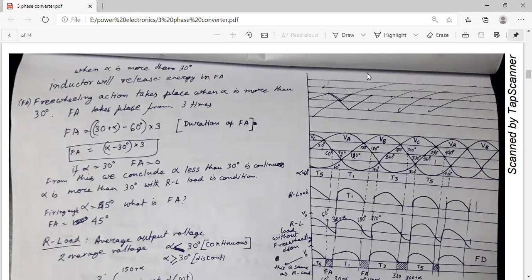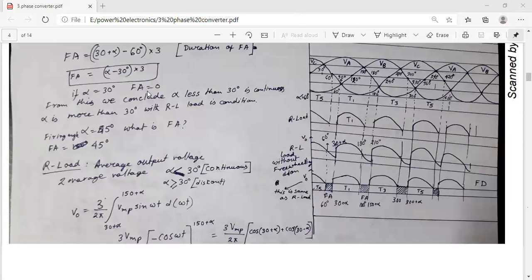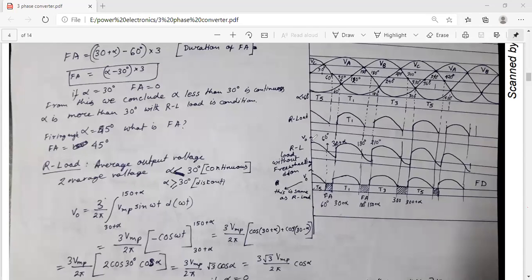So that time it will be continuous conduction of voltage. So the voltage diagram you can get this way. The voltage diagram for RL load will be this, because it is allowing the negative half cycle also.